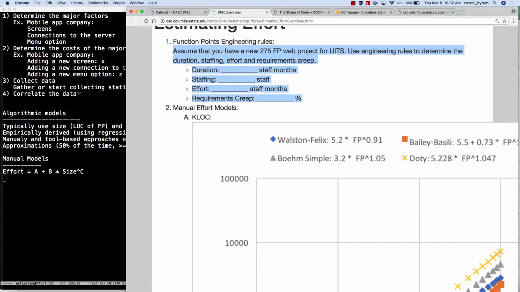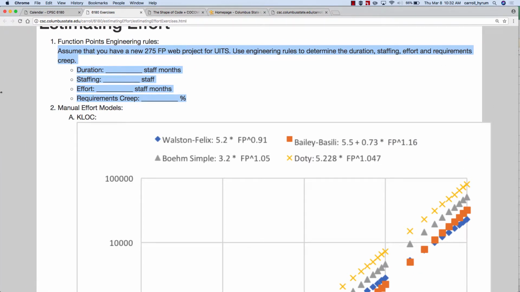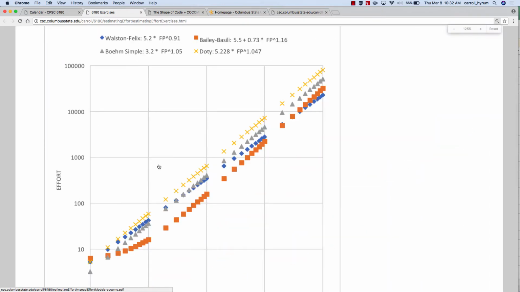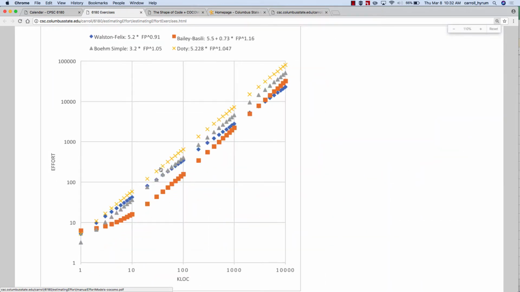If you're like me, I like to see it rather than have to calculate it. So I took these models, the Walston Felix, the Boehm Simple, the Bailey Basili, and Doty, and these are the values that they have for them.